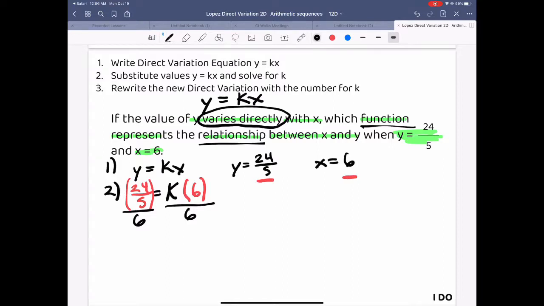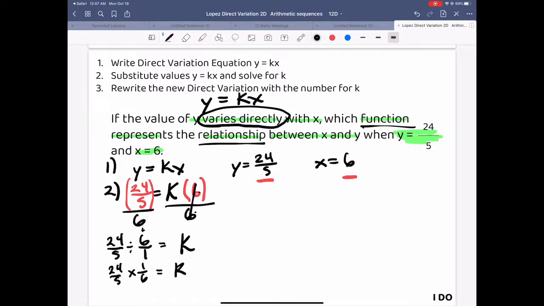Alright guys, I'm going to rewrite the fraction first. So 24 over 5 divided by 6 over 1. All I did was rewrite 6 as a fraction, so this is still the same thing. I already know 6 divided by 6 gives me 1, so I don't need to worry about it. It gives me k. Now at this point, remember, if you're dividing by a fraction, you take the reciprocal of the second fraction, which means to flip it, and then you multiply.